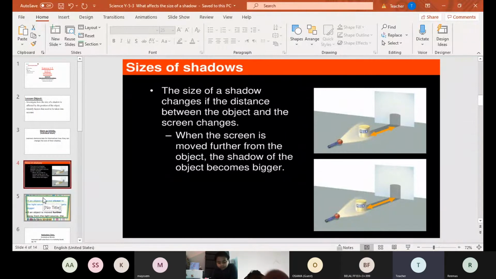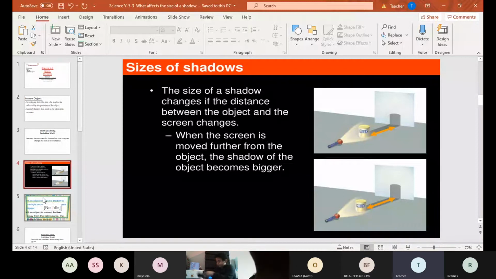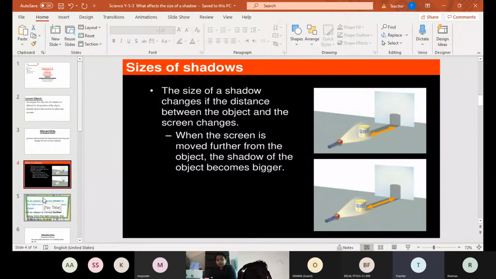So if I talk about the controlled factor, which thing is it? We did the experiment with the source of the light. So I said we control the distance between the light source and the object. So we can change it, we increase this, we decrease this.